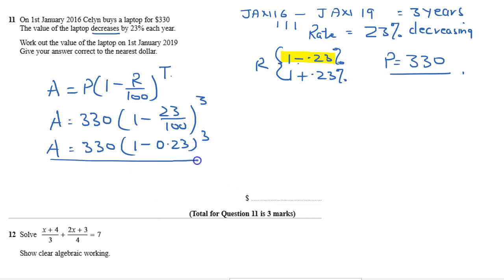If you check this value in the calculator, you will get 150.655. You have to write to the nearest dollar. So this is 6, so it will increase 1 here. So the answer will be 151 US dollars.